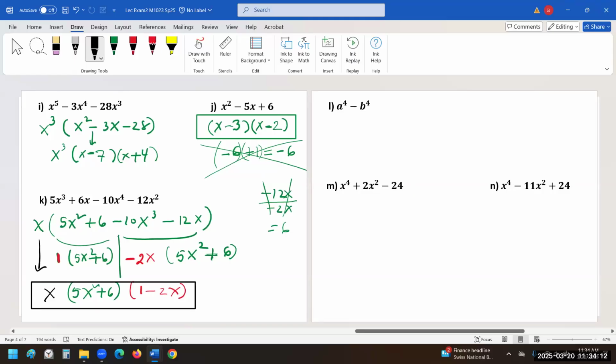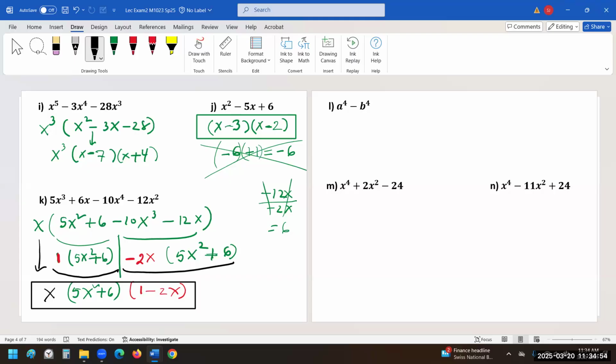Then we have the fourth degree. So you still have 2 groups. Group 1, group 2. What do you notice in both groups? I wrote it in green. Don't you have the same green in both groups? Yeah, so you factor that out. That means what is left in the first group?